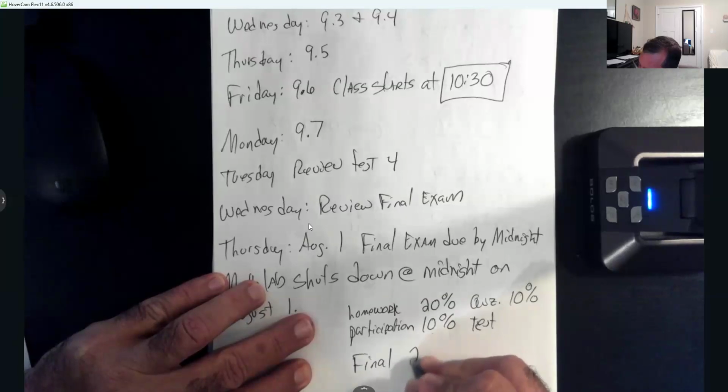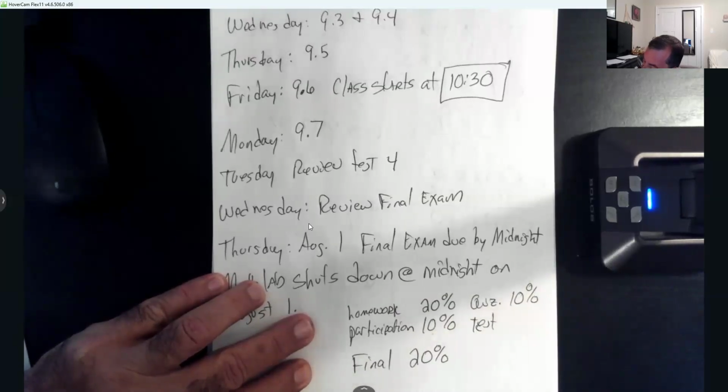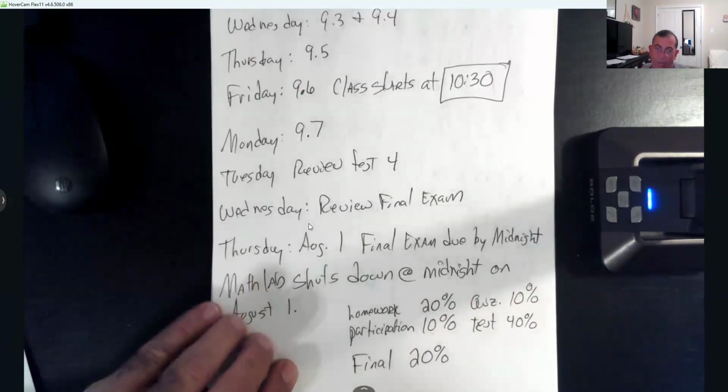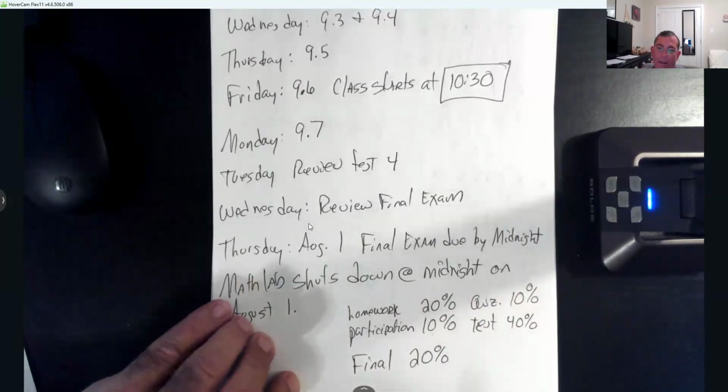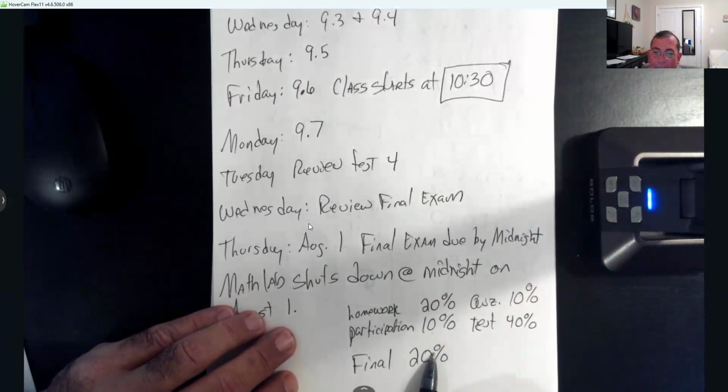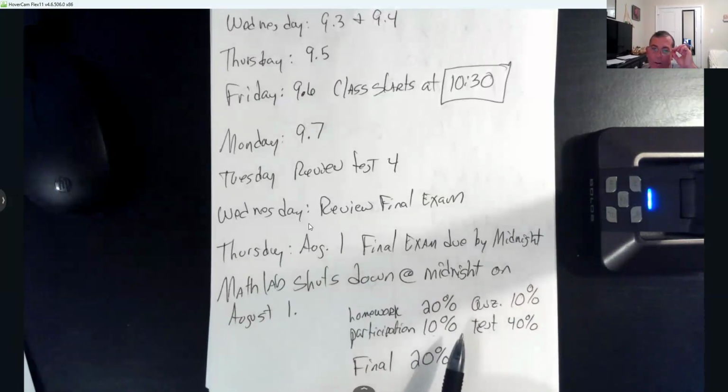So your final is 20% of your overall grade, and these tests are worth 40% of the grade. So notice, if you don't do the homework, the highest grade you'll get is the 80%, okay? So you want to definitely do the homework.